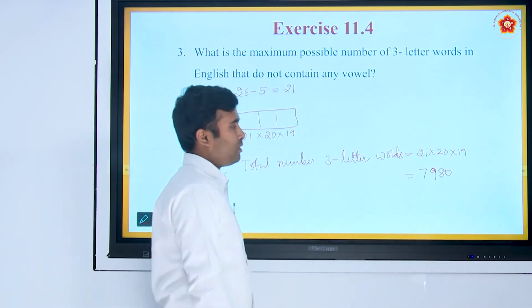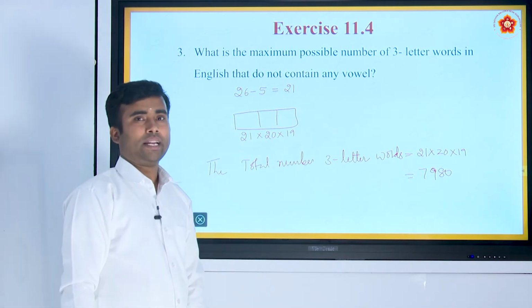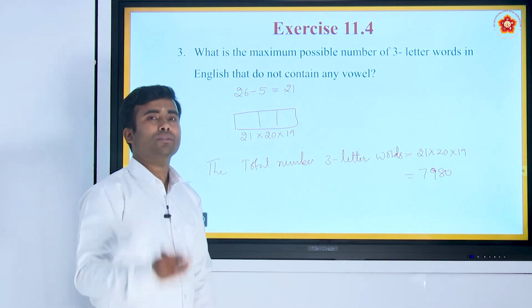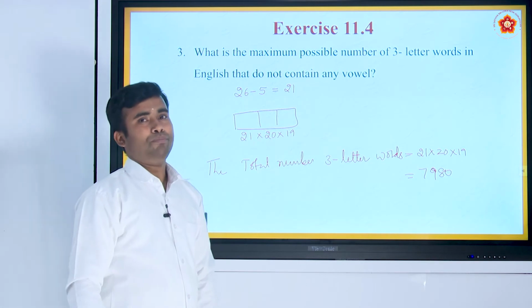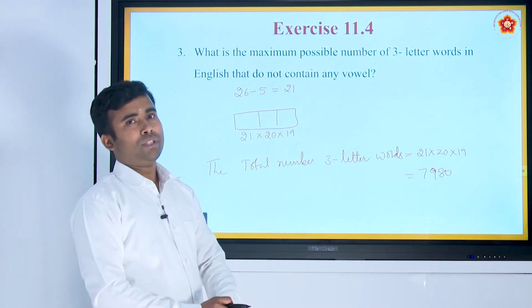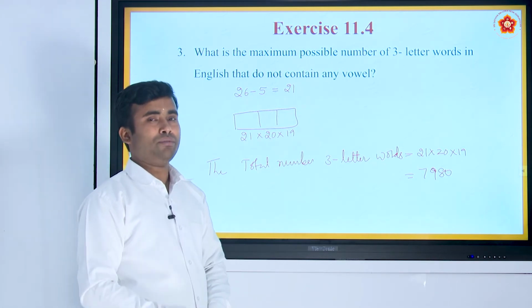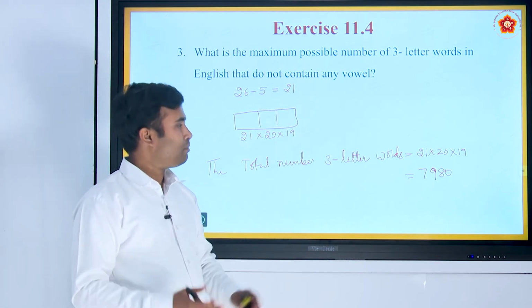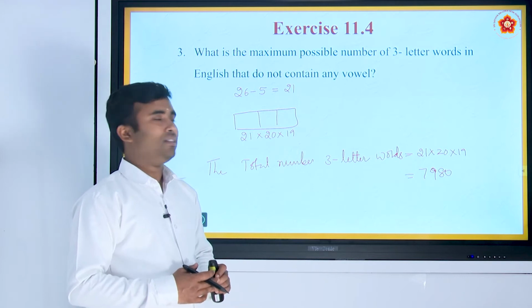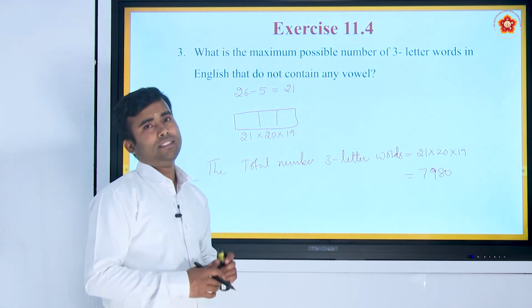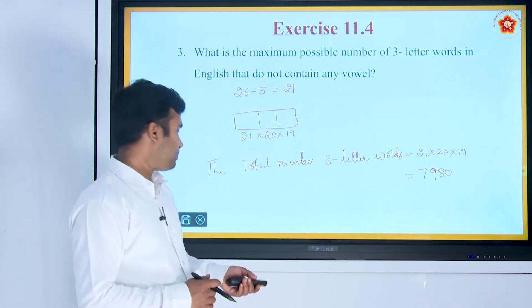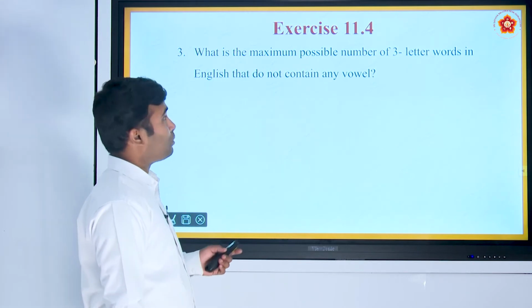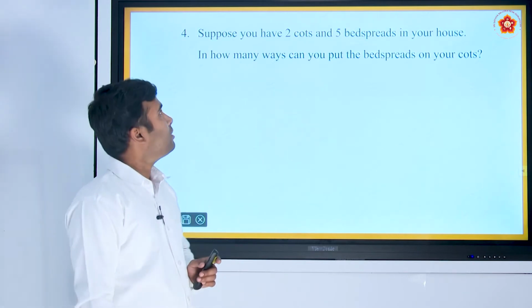So 7980 3-letter words can be made without vowels, whether meaningful or meaningless. Okay, but we can make 7980 words. Let us move to another problem.